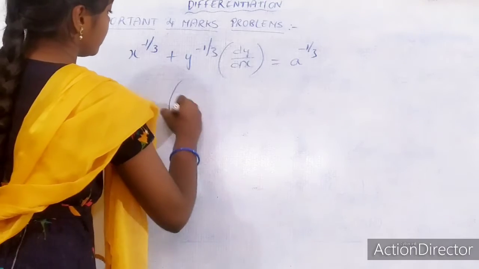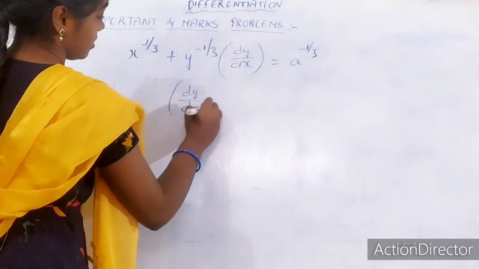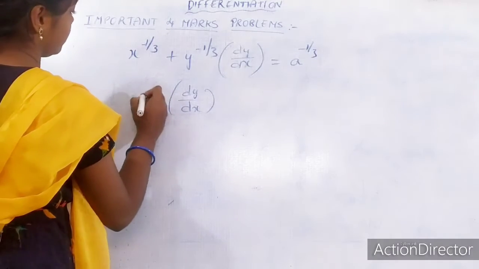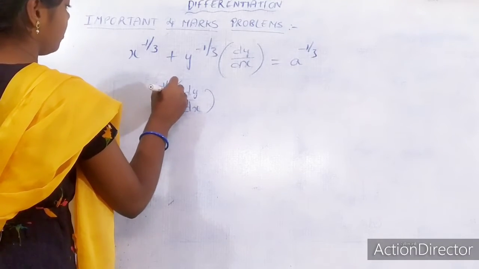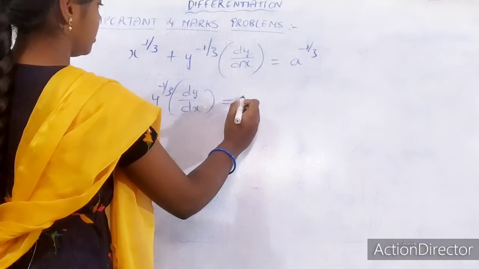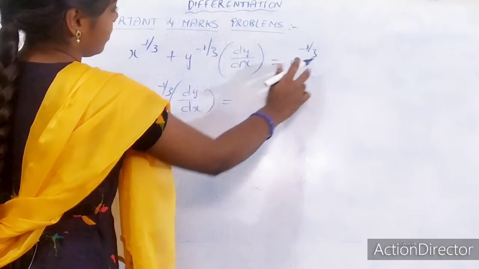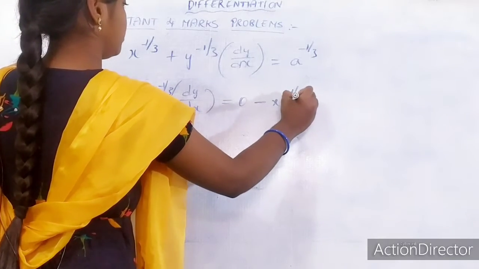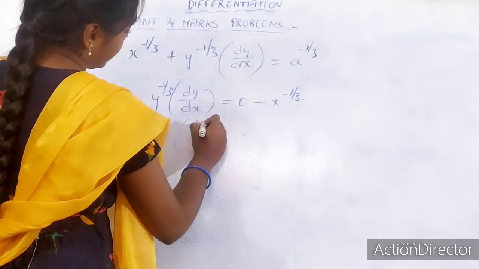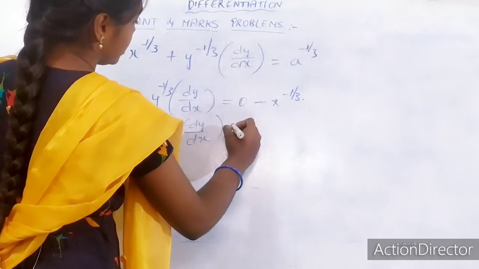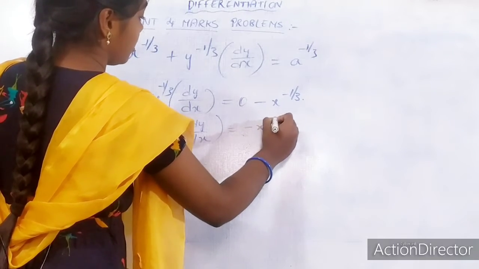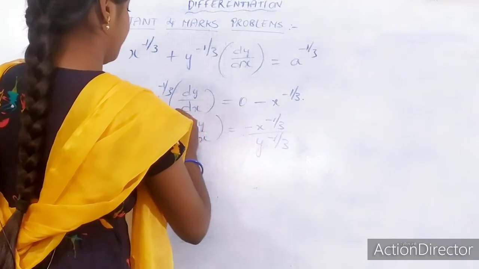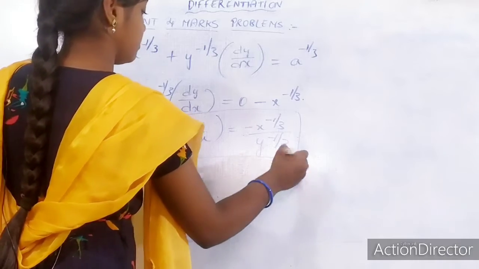Now we shift x to the power of minus 1 by 3 to the RHS side. y to the power of minus 1 by 3 into dy by dx is equal to the derivative of the constant, 0, minus x to the power of minus 1 by 3. So dy by dx is equal to minus x to the power of minus 1 by 3 divided by y to the power of minus 1 by 3, which is the final answer.